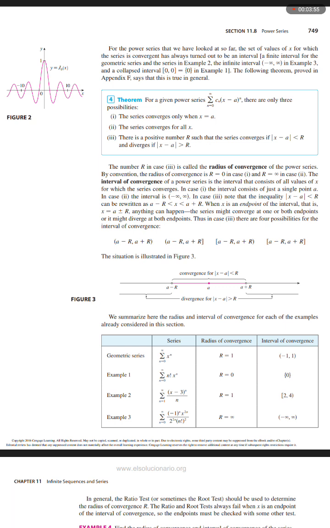In example 3, a collapsed interval, the set {0} in example 1. The following theorem, proved in Appendix F, says that this is true in general. Sidebar, see figure 2, where y equals J_0(x).